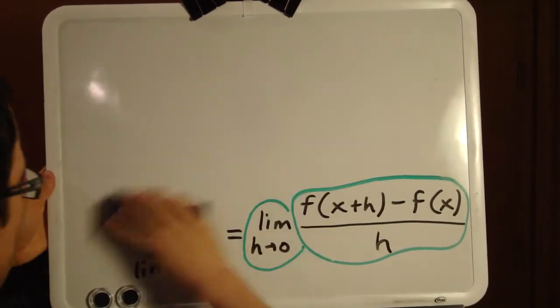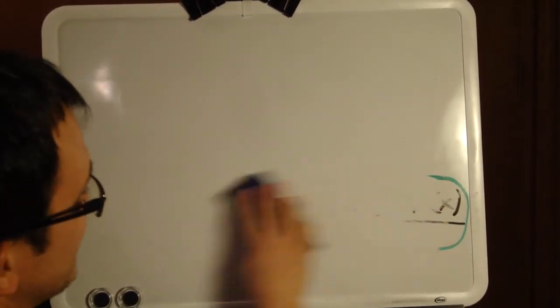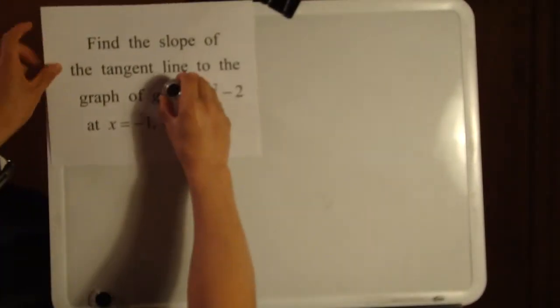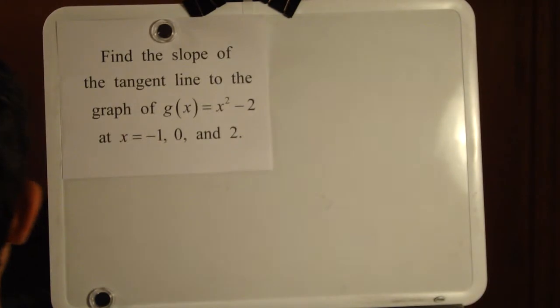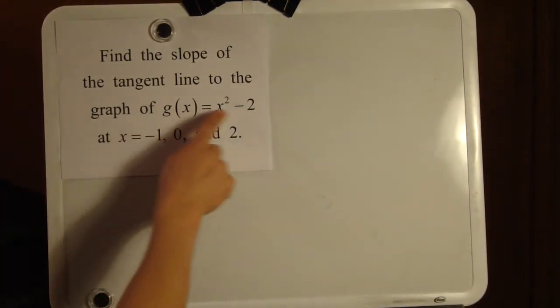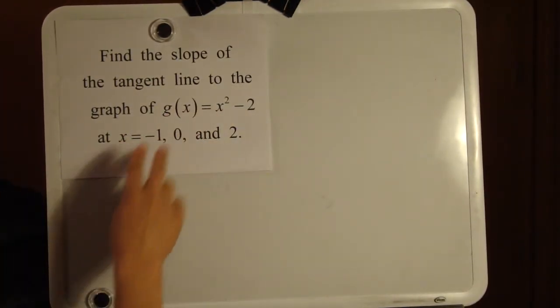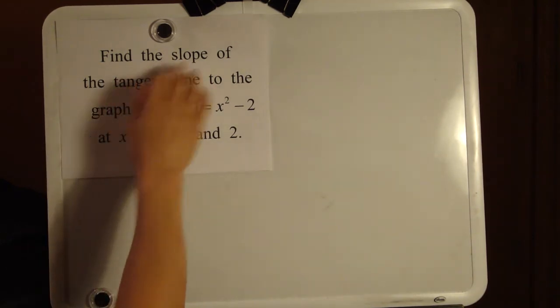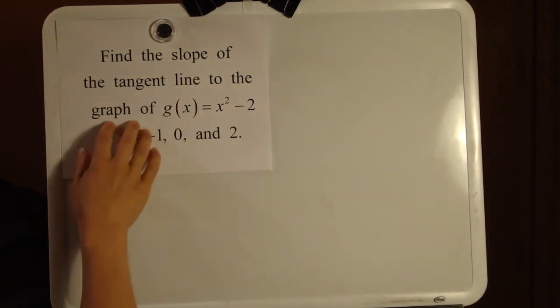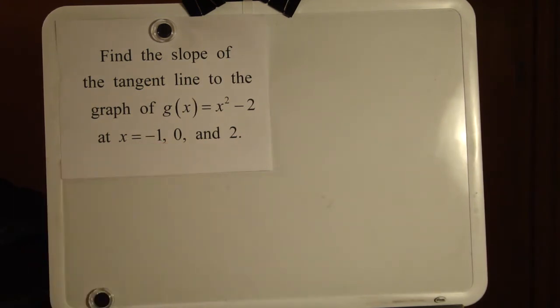Okay, so the last thing I want to do is an actual concrete example so you can see what this looks like. So we're going to keep it pretty basic here. So what I'd like to do is we're going to look at this function, right, a pretty familiar one, just a parabola, x squared minus 2, and we're going to find the slope of the tangent line to the graph of this function at 3 different points.